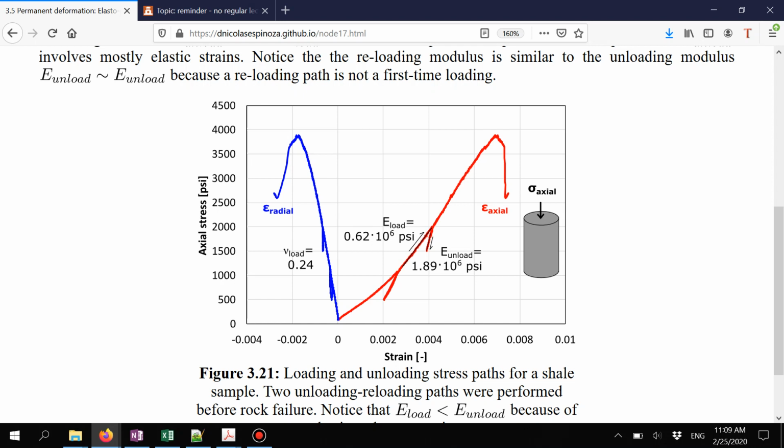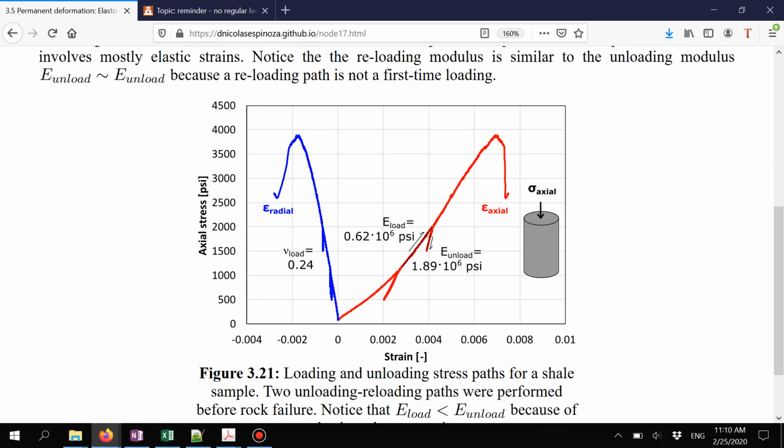And when you do unloading, most of the deformation is elastic, because when you unload the rock, you're not causing further damage. When you load it, you cause some damage. When you unload it, you do not cause further damage.